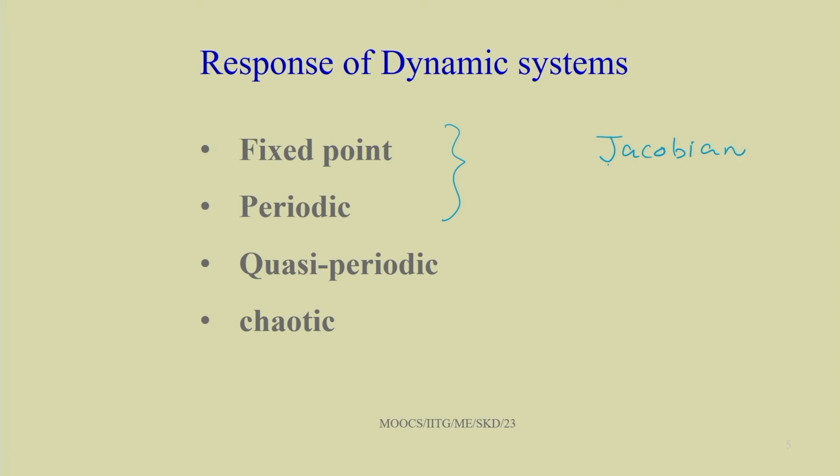We can find the eigenvalues of the Jacobian matrix to study the stability and bifurcation of the fixed point response. Similarly, we have to study the eigenvalues of the monodromy matrix to study the stability of the periodic response.